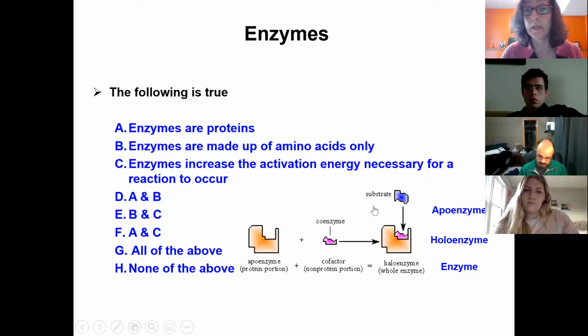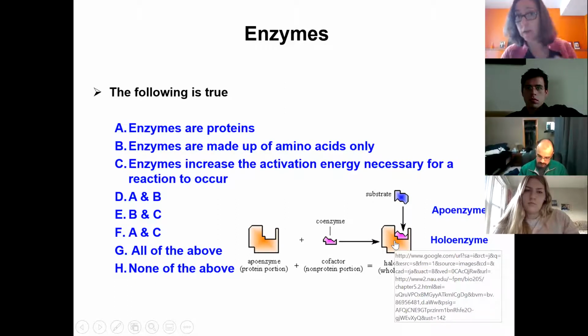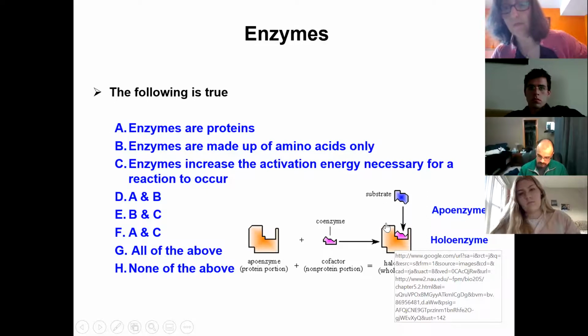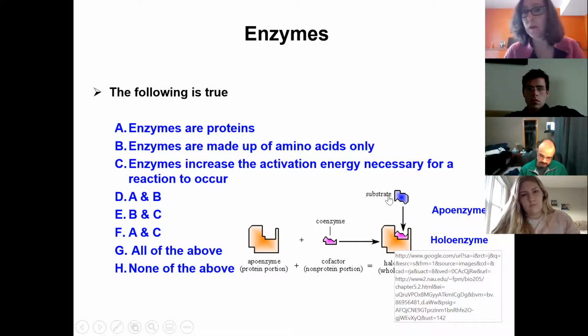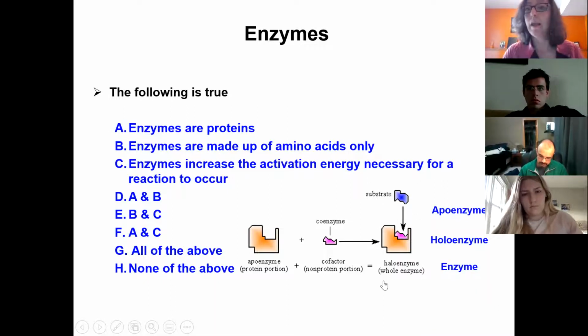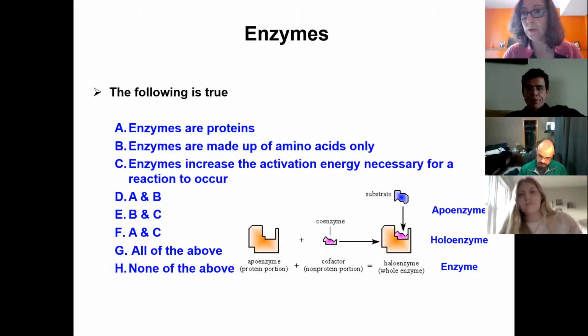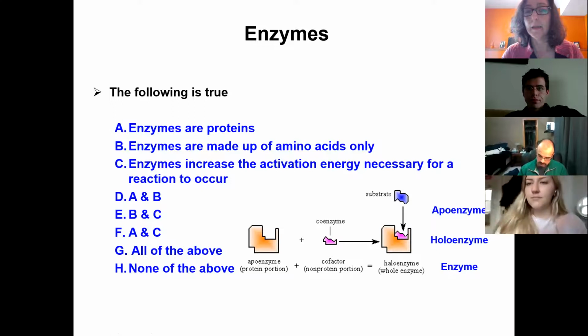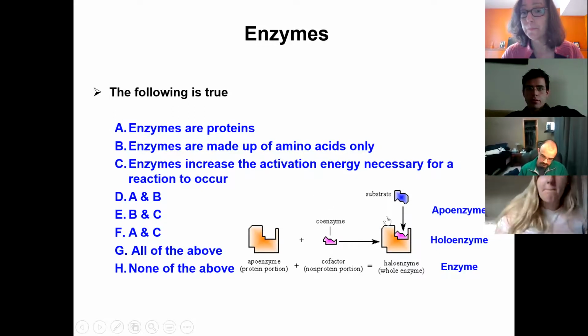So they're not necessarily an actual active enzyme if they're only made up of amino acids. Sometimes you don't need a cofactor. Sometimes the enzyme works without cofactors and doesn't have any non-proteinaceous components. So basically, it's not always true.